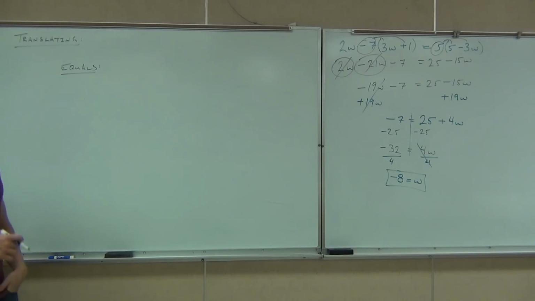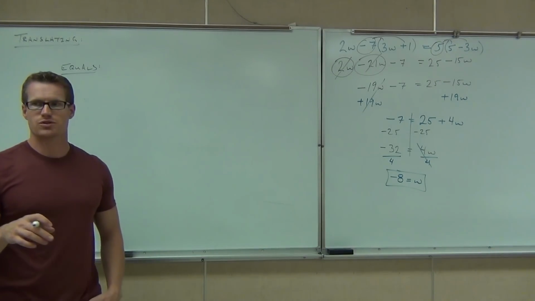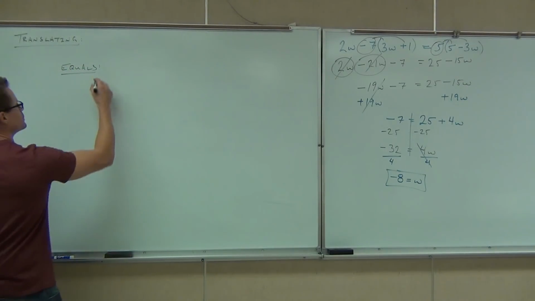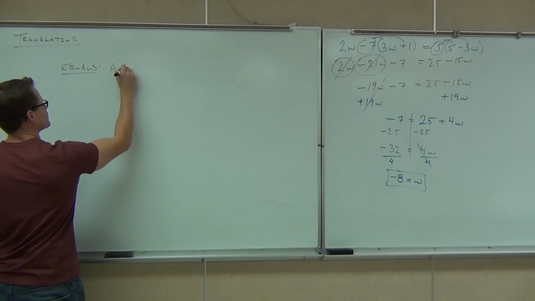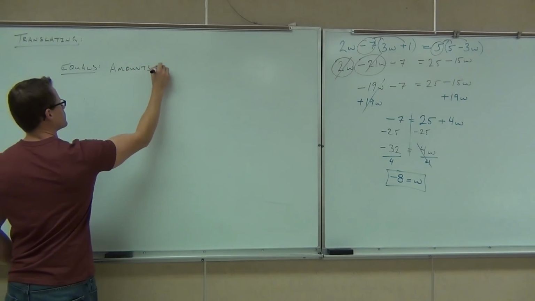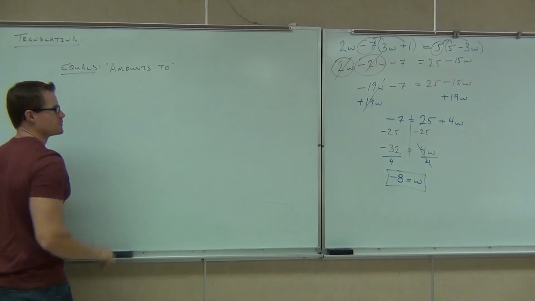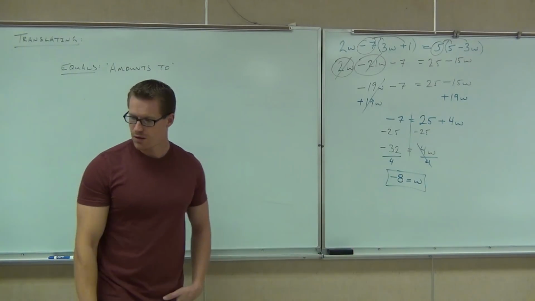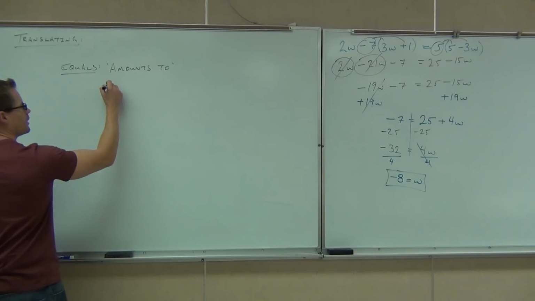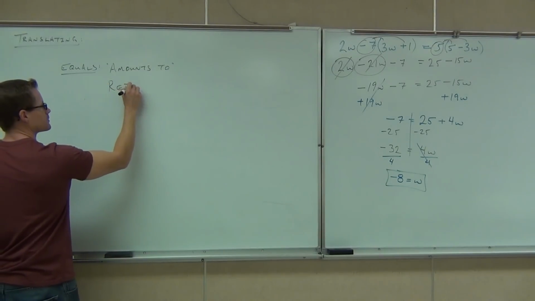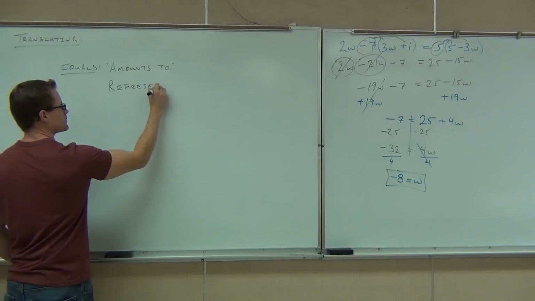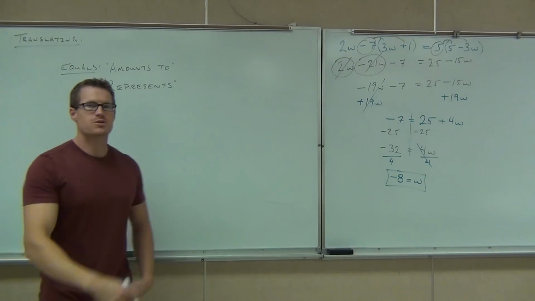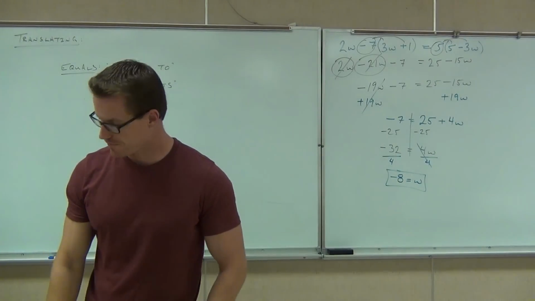First one we sometimes see is if we hear or see the words amounts to. So something amounts to something, that means equals. We can also have represents. Represents means equals in a math sentence.